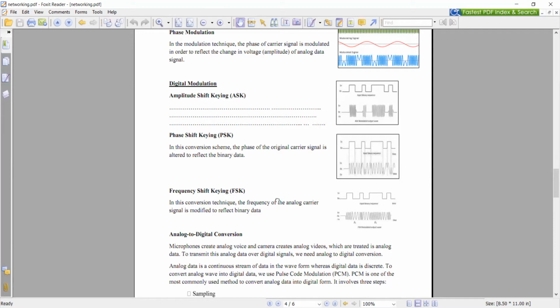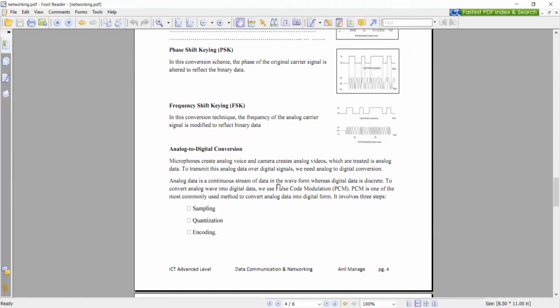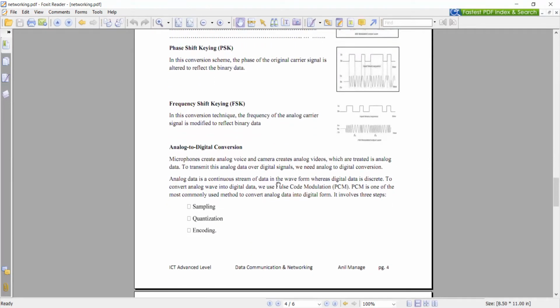Right? Then you have another thing called analog to digital conversion. දැන් අපි කතා කරා analog එකක්ම modulate කරලා analog එකක් විදිහට යවන්න. digital එකක් analog කරලත් යවන්න. එහෙමනම් analog එකක් digital කරන්නත් පුළුවන්. Right? So analog to digital conversion most of the time.